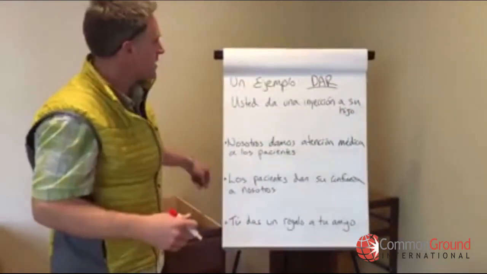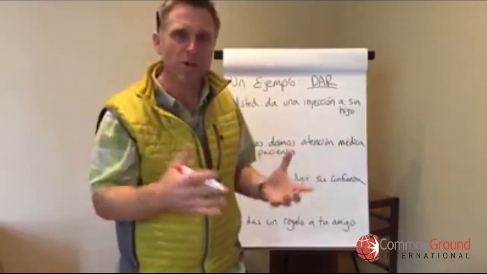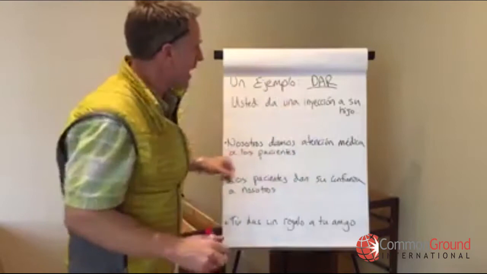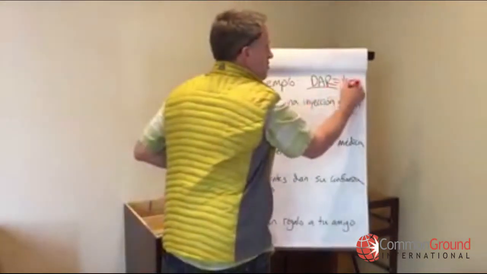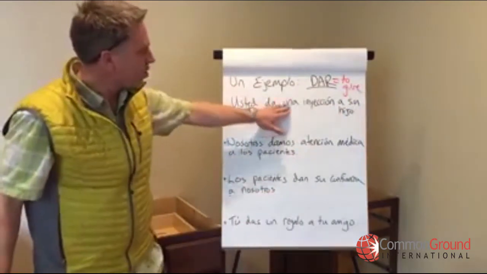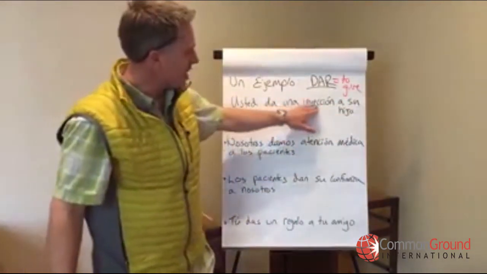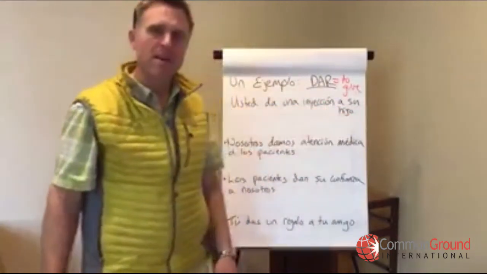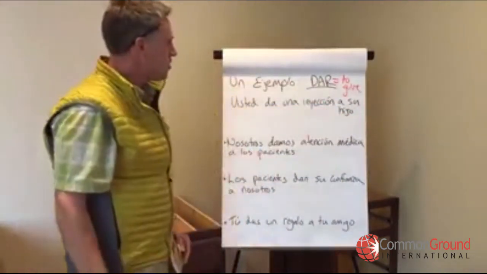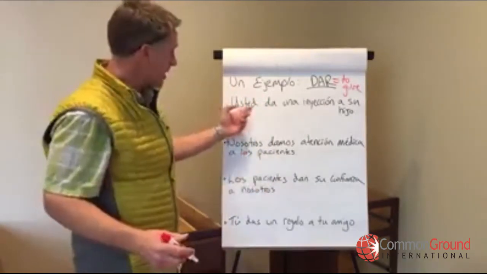So let's look at some ejemplos and see how it works in real frases using el verbo dar, which is el verbo to give. El verbo dar. So usted da una inyección a su hijo. You give an injection to your son. Bien. So we could take a look at this sentence and we know who the subject is, usted.